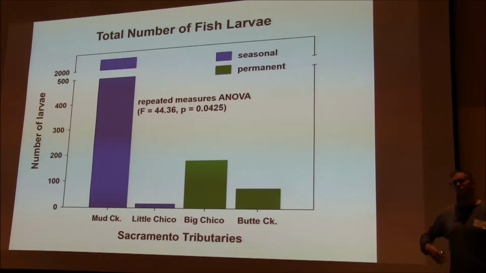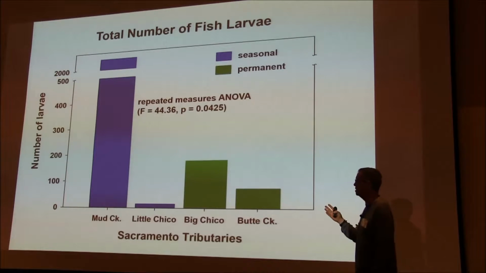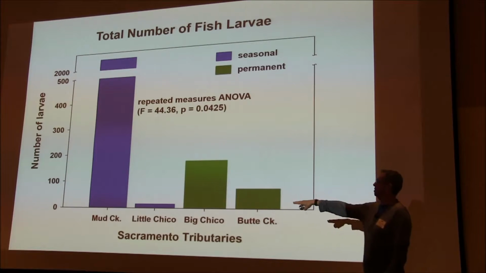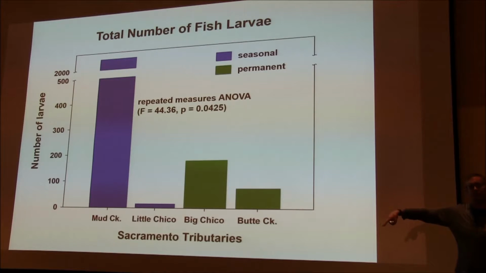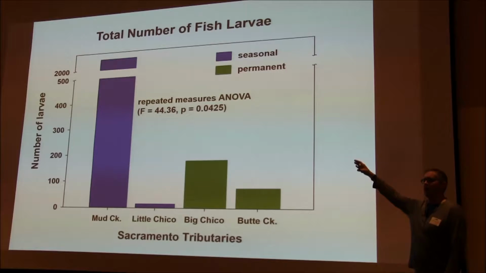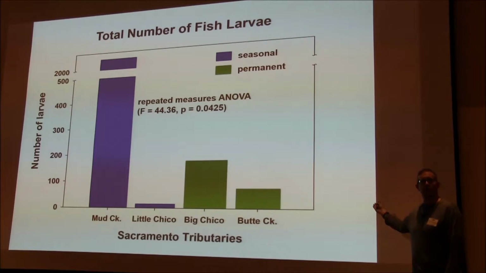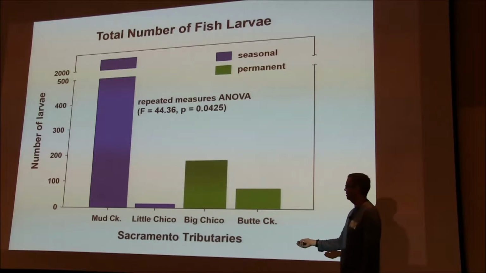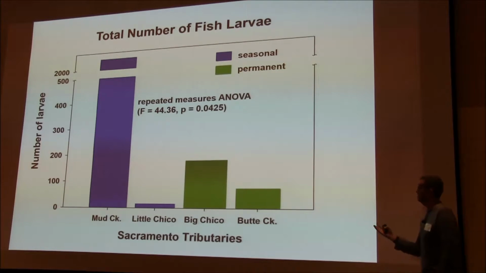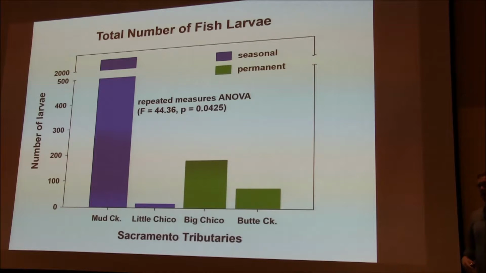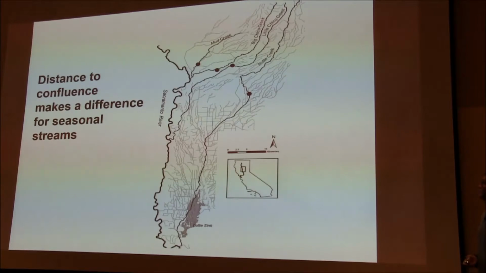So in terms of just general gross patterns, the overall number of fish in one of these creeks, Mud Creek, which turned out to be very interesting, right? Orders of magnitude more fish larvae coming out of this thing than anywhere else that we could find. Right? Even the other seasonal tributary here, Little Chico Creek, didn't have nearly as much fish reproduction as we saw in Mud Creek.